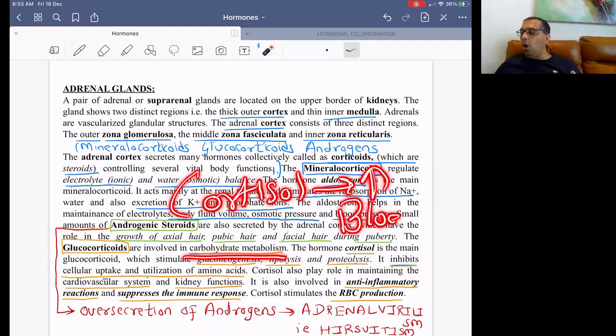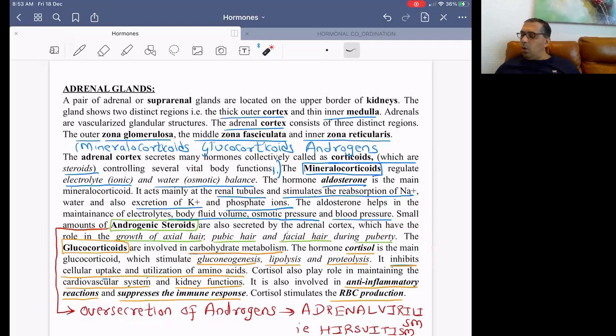Hence, it is rightly called as a glucocorticoid. It's a glucocorticoid, maintains your glucose levels. Cortisol also plays an important role in your cardiovascular and kidney function.